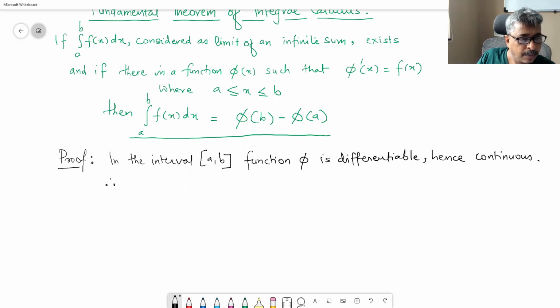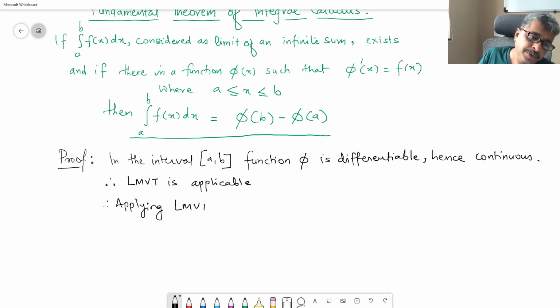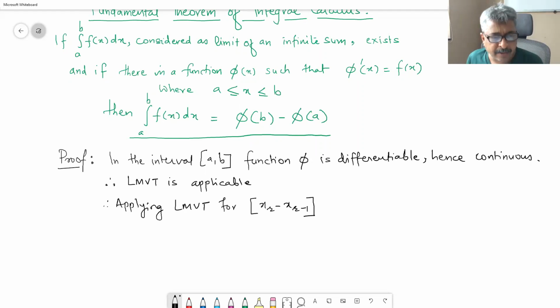Therefore, LMVT is applicable. Applying LMVT for now the interval x r minus 1, x r, general interval we take, r goes from 1 to n.